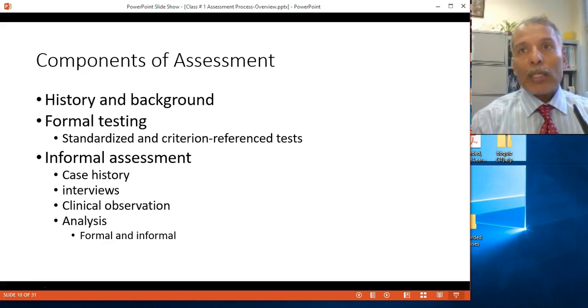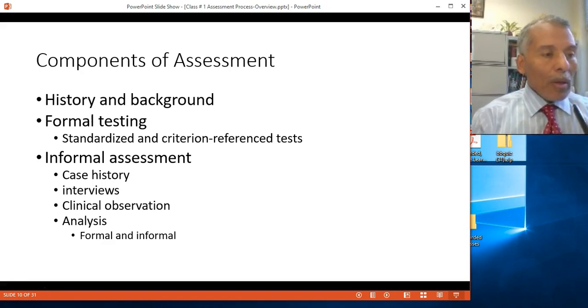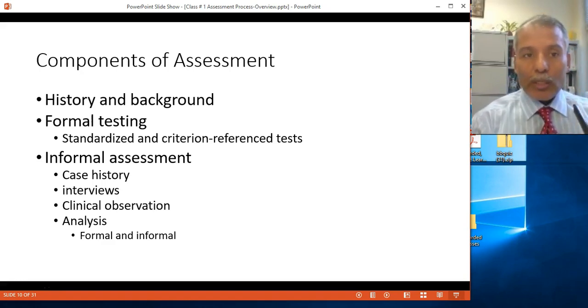If the person is 5 years 9 months, or before 6, you could use a formal language sample analysis, as you did in some of the projects, where you count the words, count the utterances, and count the words in the utterances, and so on.